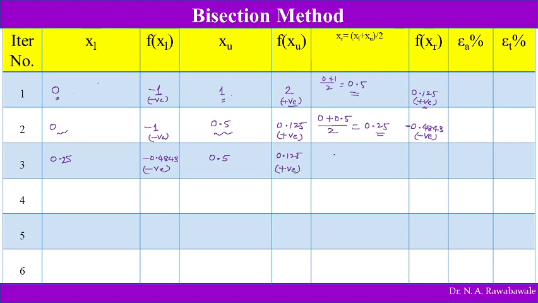Now again we take the average of these two, 0.5 and 0.25. 0.25 plus 0.5 divided by 2 works out as 0.375, and we substitute this into the function.